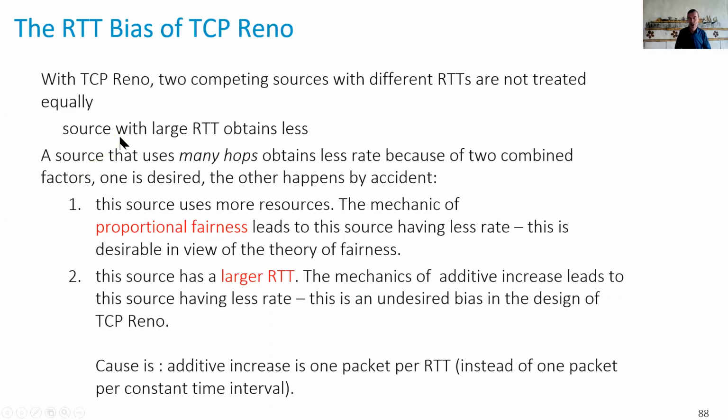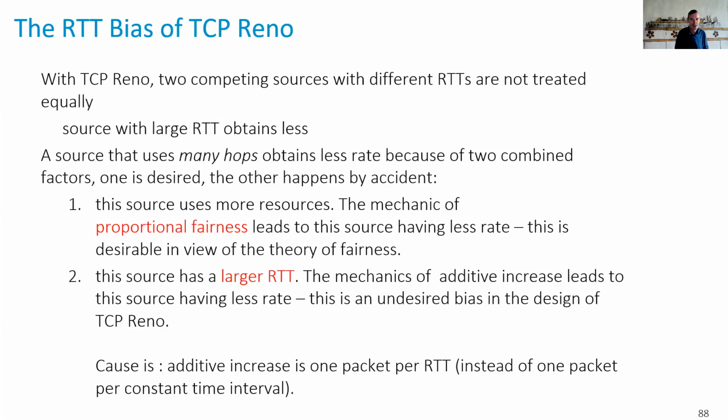Now, of course, there is a correlation between the number of links, the number of hops that a TCP connection has, and its RTT. It's positively correlated. If you go far, if you use many hops, you'll have a larger RTT. Not always, but very often that will happen.